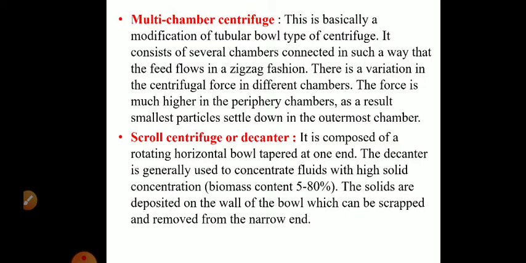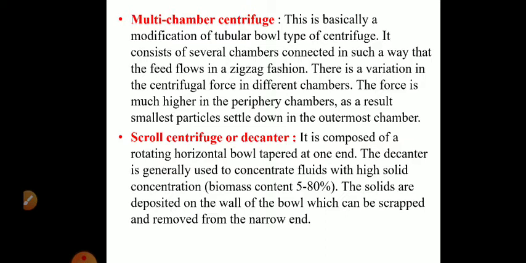So a multi-chamber centrifuge actually consists of many tubular bowl centrifuges, you can consider. So there are multiple chambers. The fluid is allowed to flow through the several chambers in a zigzag manner, and there is variation in centrifugal force.